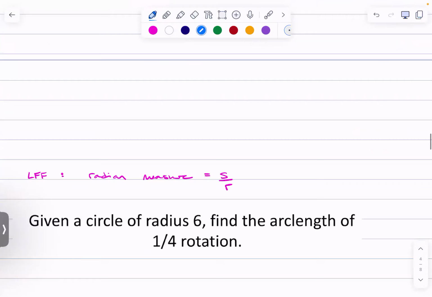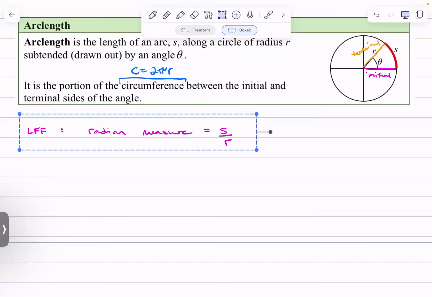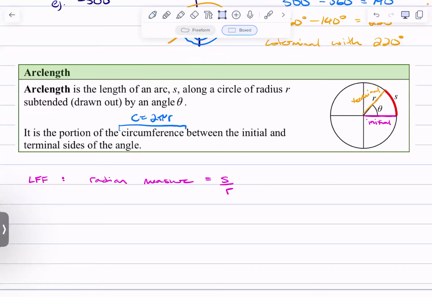I'm just going to sneak it in here because I think it is a little fun fact, an LFF, if you will. Little fun fact is that a radian measure is the arc length divided by r. And so it's going to be S over R.